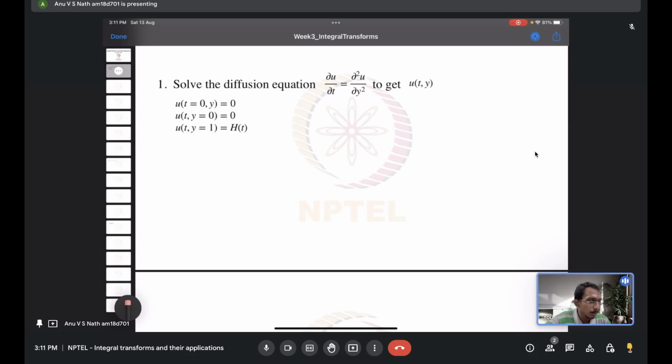So now how do we solve it to obtain the expression for u of t, y. Basically it's a function of two variables, time and displacement y. So we'll take the Laplace transform.